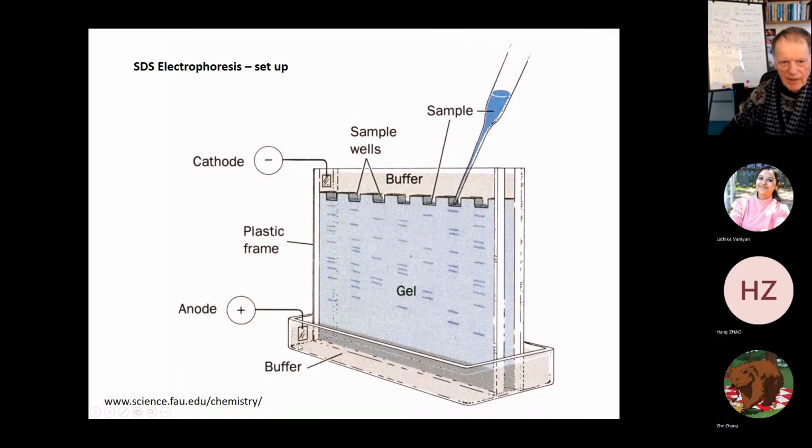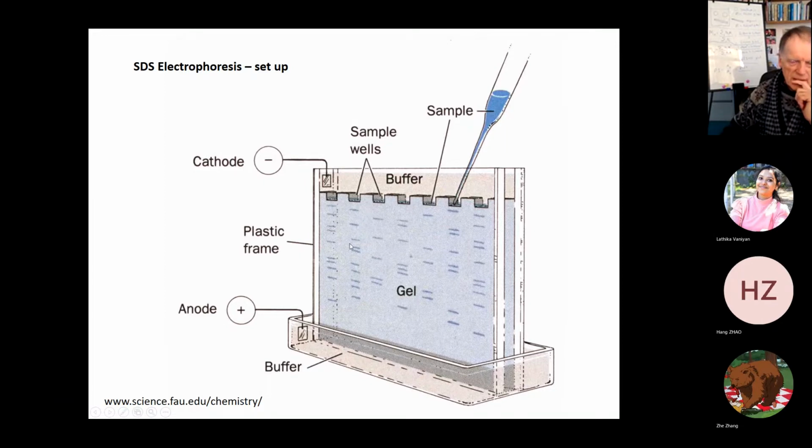So the anode is here, that links to the positive electrode on the battery or whatever power pack, and this links to the negative terminal on the power pack or battery, and then you load your samples and you switch on.